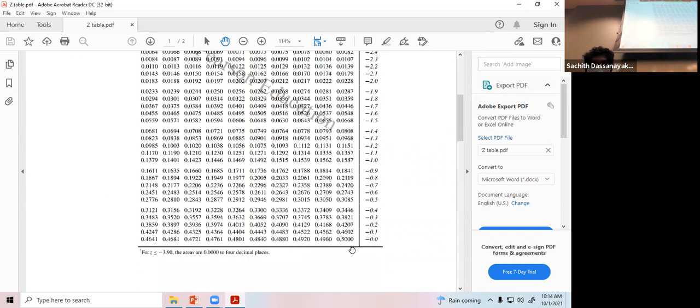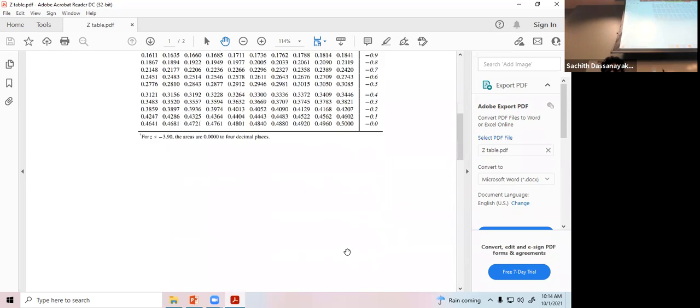Okay, what's the maximum value here? It is 0.5, which means 1/2. It doesn't matter negative Z or 0, they are the same. So the maximum value is 0.5 for this table number 1, which means you have come about mu equals 0, 1/2. You have covered 1/2. Then you have the next half.